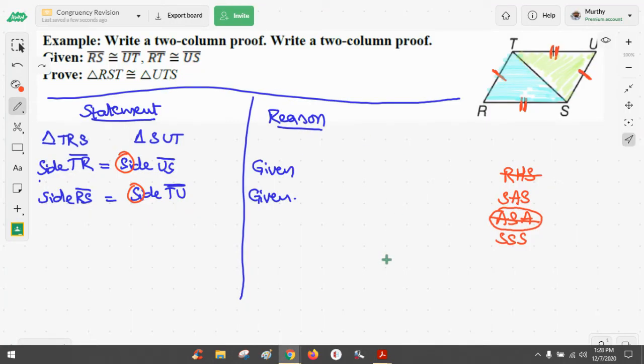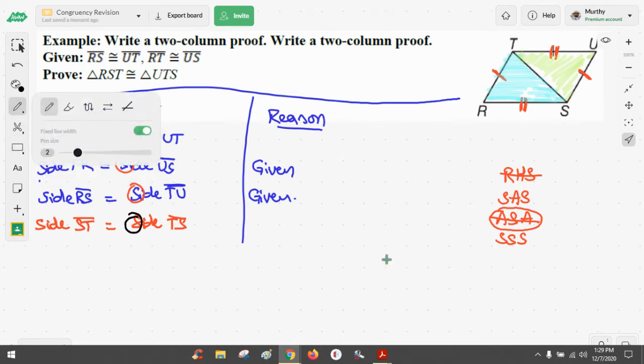So in both the triangles, this side is common. That means both the triangles are sharing this side, right? So you can write side ST, you can write backwards, or in the same way, side TS, it's one and the same. So these two are congruent by SSS congruency.